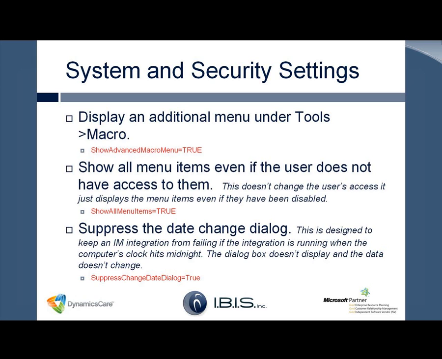If my permission was restricted to not allow transactions, I would see something that looks like this, where I don't have any selections to choose from, but maybe I still have access to cards over here. Well, if you want to show everybody everything, even though they don't have access to it, you can do that. It's simply a setting in the DEX.ini file.